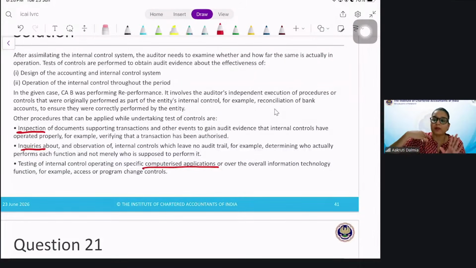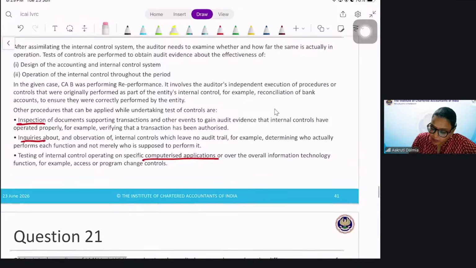You can perform re-performance, which means you can put a dummy entry and see how the internal control is processing it. Or you can check the bank reconciliation on your own through the system to see how the internal control system is processing it. You can do specified computerized application verification. So these four are the answer: inspection, inquiries, computerized application testing, and re-performance.